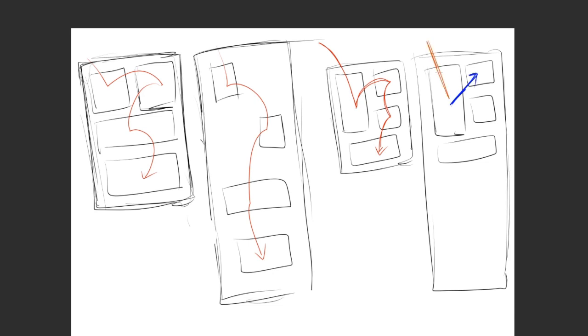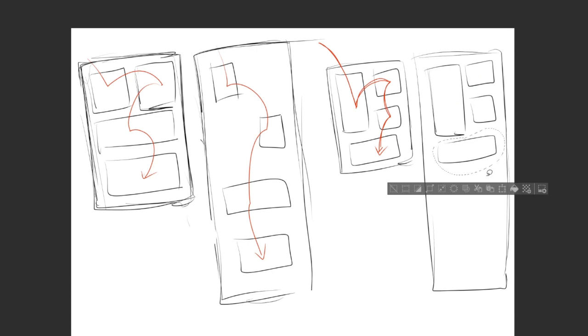Right? So if this is the normal movement, this movement of the eye might be okay, but they might not be as comfortable with this progression in panels. So one way you can do this is just placement.